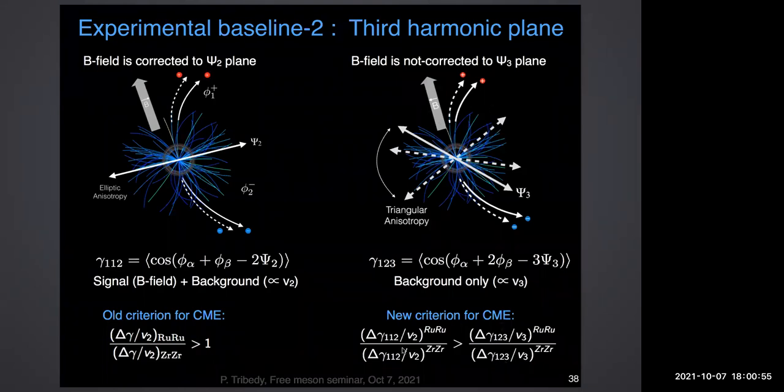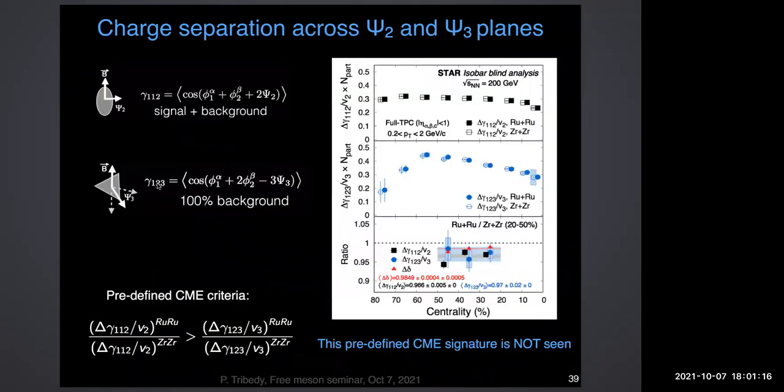At least this ratio has to be greater than our other ratio, the original primary correlator. Why are we doing all of this? Because who knows, maybe this ratio greater than 1 is probably not the best baseline. So these are more experiment-driven baselines.